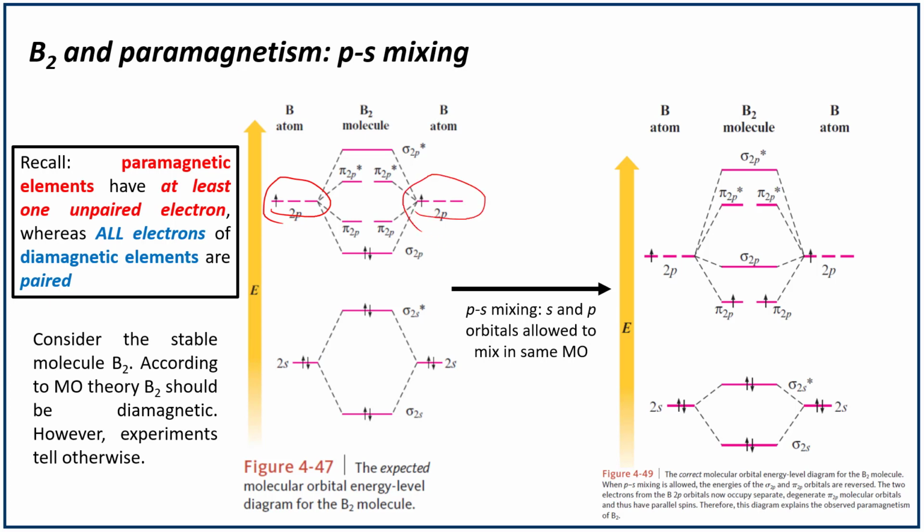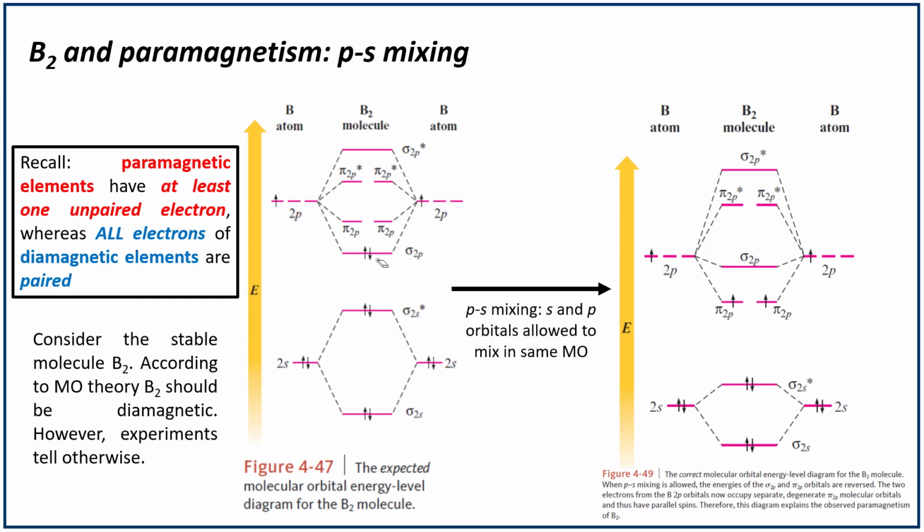So if we combine them to make molecular orbitals, you will have a sigma 2p orbital, a sigma star 2p orbital, and then 2 pi 2p orbitals, which are bonding, and 2 pi 2p star orbitals, which are non-bonding.